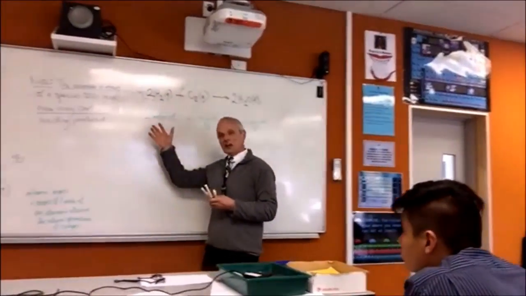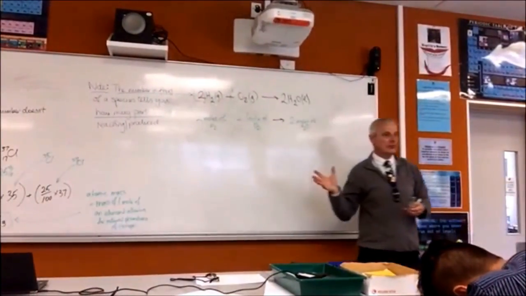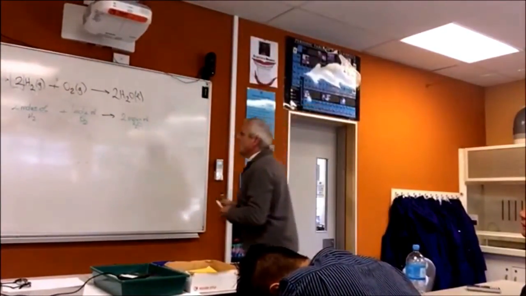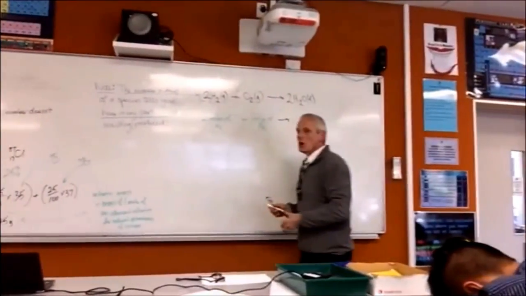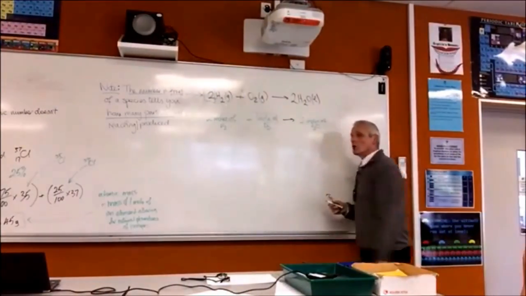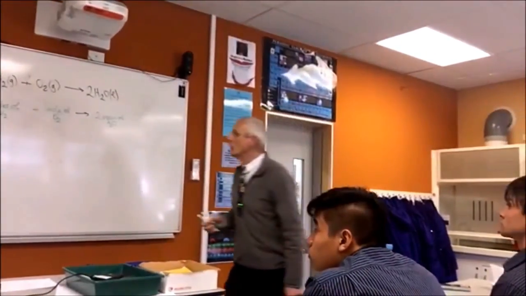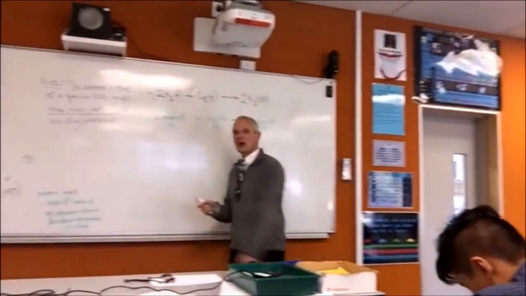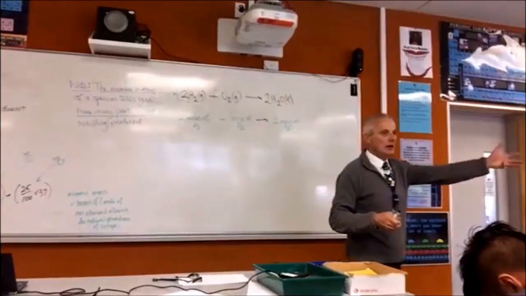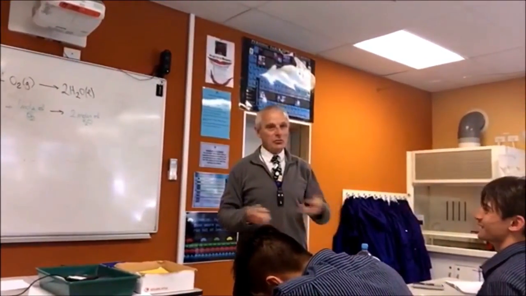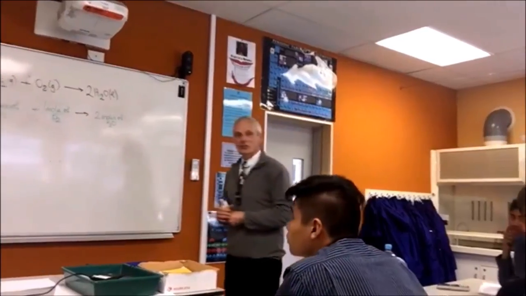Now, the next step, if everybody's happy with this and can interpret what it means, is how do we know when we've got 2 moles of this? How do I know when I've got 1 mole of that? And what happens if I don't want to use 2 moles, but actually want 0.65 of a mole? How do I know I've got that? This is where we start talking about molar masses.